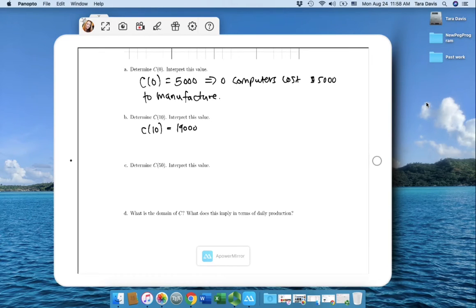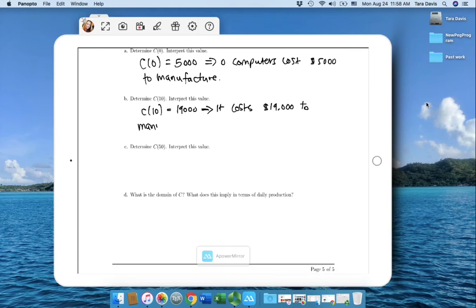Meaning that when Q equals 10, C equals 19,000, which means that it costs $19,000 to manufacture 10 computers. Okay, so I'm thinking probably at least some of you are business majors, and so this will be very relevant to some of your later studies, so hopefully you enjoy the example.